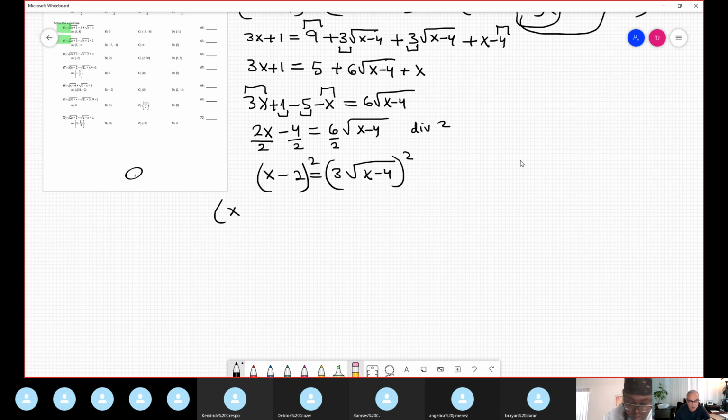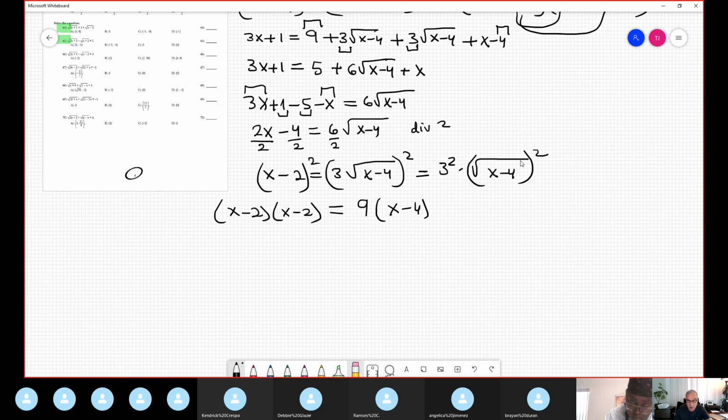In this case, x minus 2 times x minus 2. On the other side, it is 9 because 3 is squared. This is equivalent to say 3 squared times the square root of x minus 4 squared. Okay, this is 9 multiplied by x minus 4. That's super important.